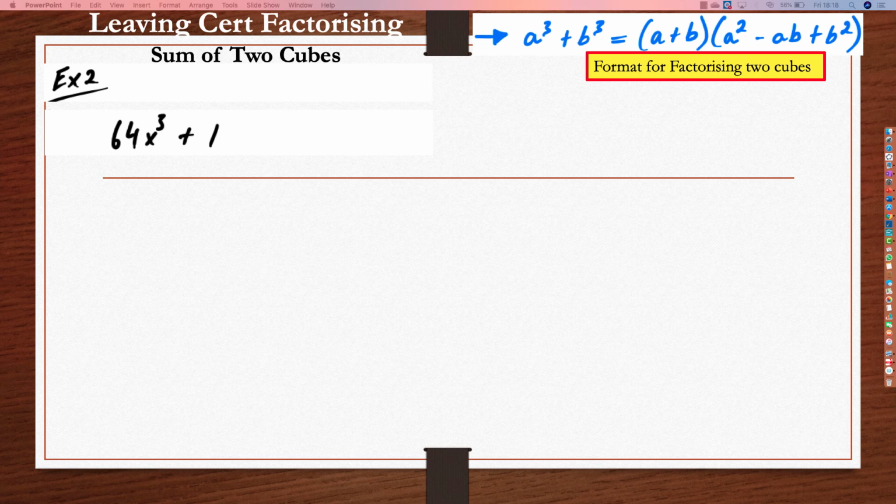So, our formula is a plus b times a squared minus ab plus b squared.